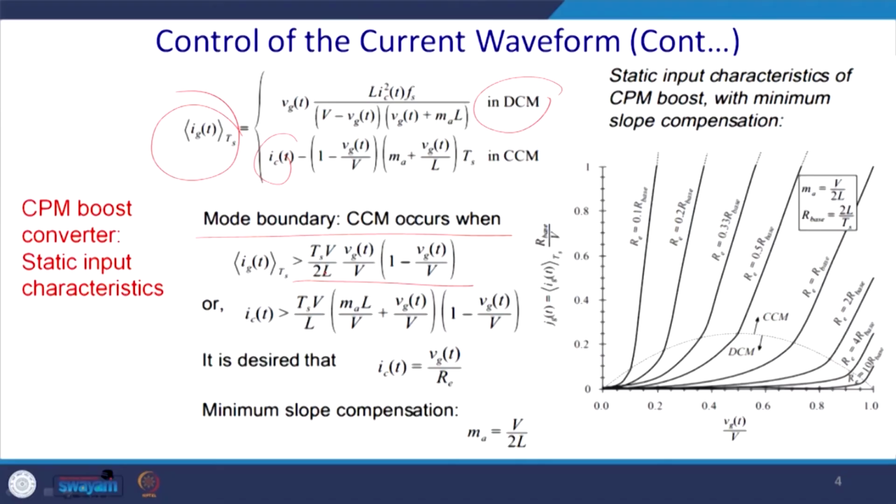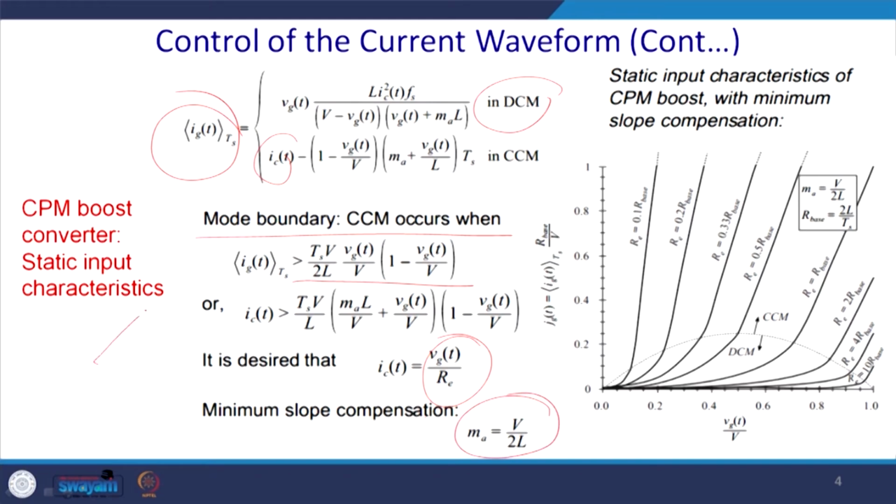So, Ts by V over 2L, Vg by V, 1 minus Vg by V, or IC of T equal to Ts by VL, MAL by V plus Vg by V, 1 minus Vg by V. So, it is desired that IC should be equal to Vg by Re. For minimum slope compensation, we want that Vg by 2L.